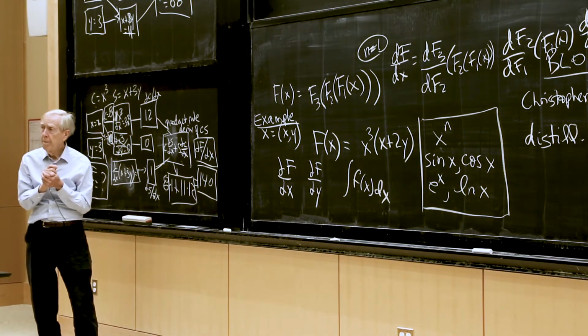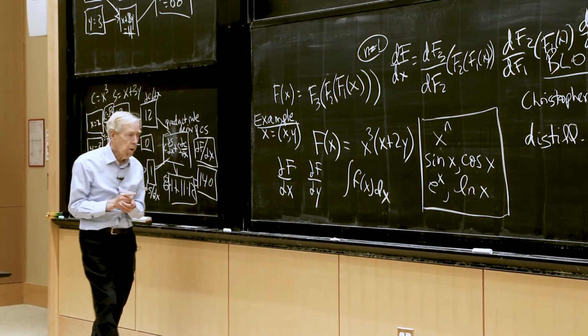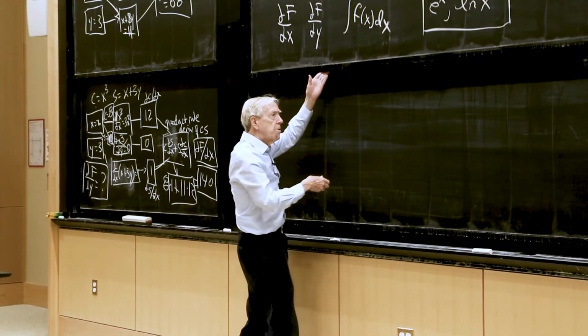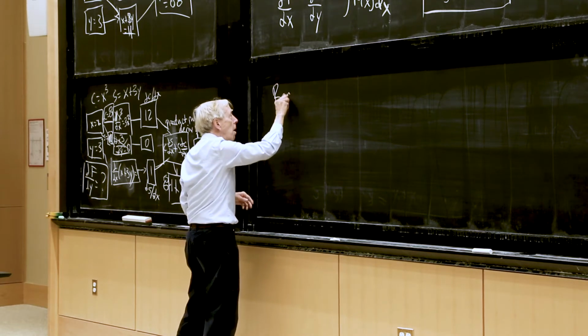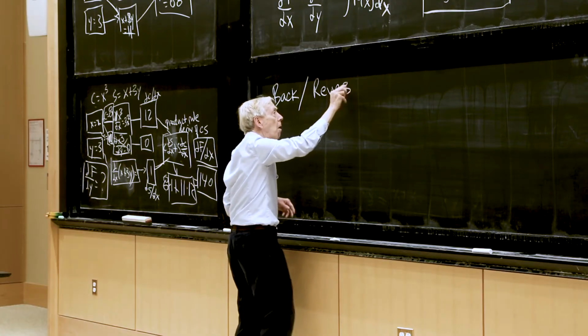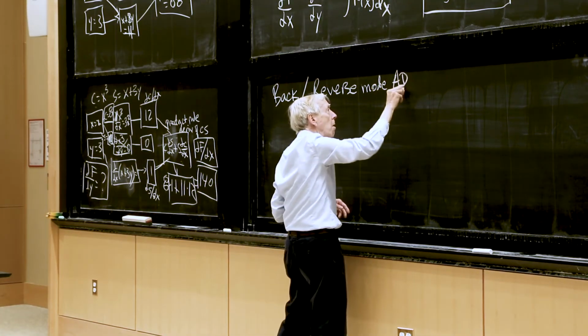Backward, right. That's the thing still to do. How does the backward system work? Okay, I'll try my best. Okay, so here's the big goal. Back. So reverse mode AD. Right.